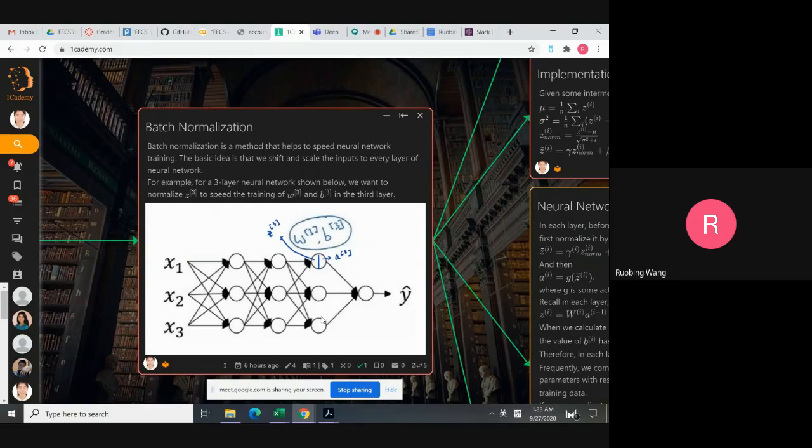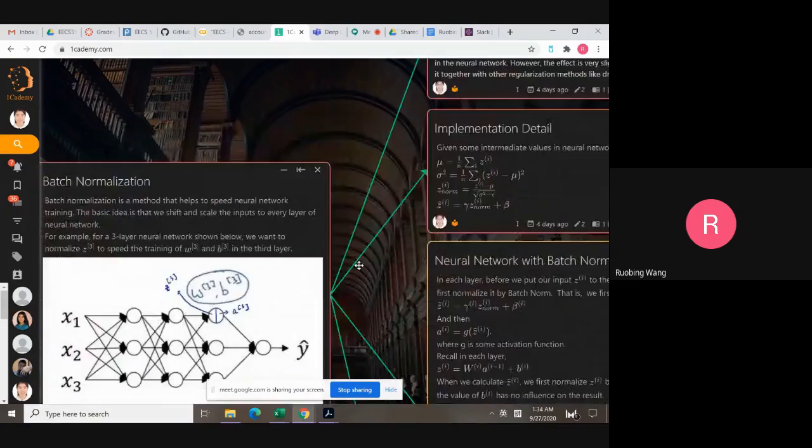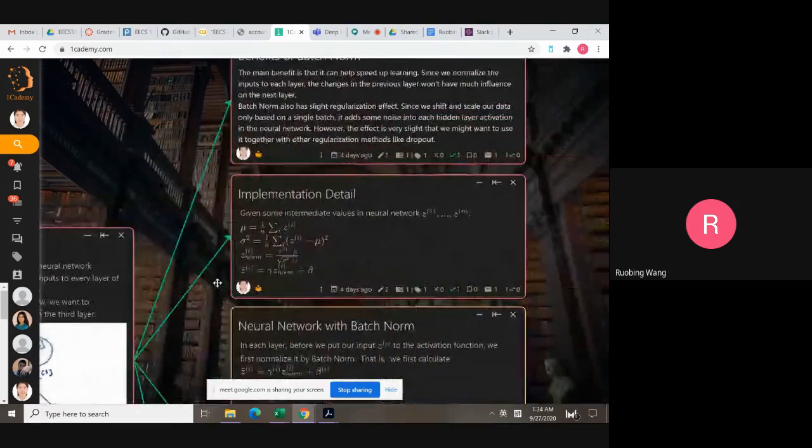In the third layer, we have these Z_i coming from the previous layer, and we want to learn W3 and B3 so that we can optimize our model. What we do is first normalize this Z3, then feed it into the activation function. So we can see the implementation details of this method.